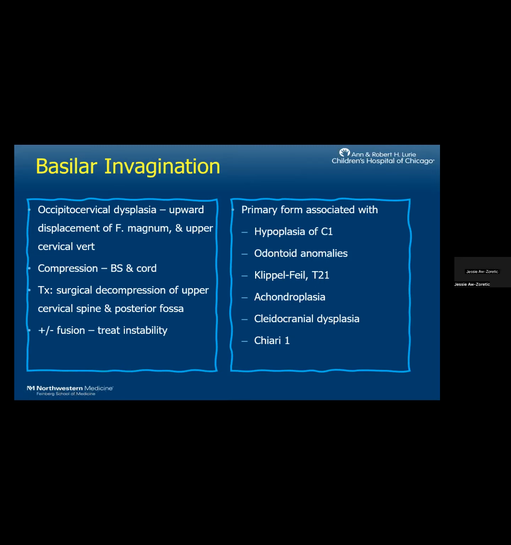In that case, it's a secondary cause due to an acquired systemic disease that causes softening of the bones of the skull base, such as Paget's, osteomalacia, rickets, osteogenesis imperfecta, rheumatoid arthritis, and a common entity, ankylosing spondylitis. That is termed more basilar impression versus basilar invagination. But effectively, they result in the same problems of cord compression and brainstem compression.